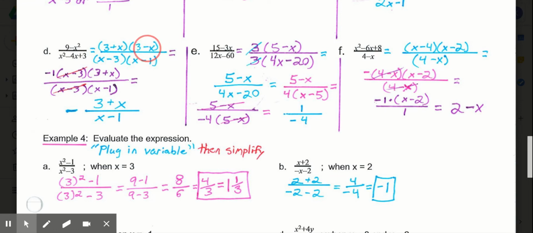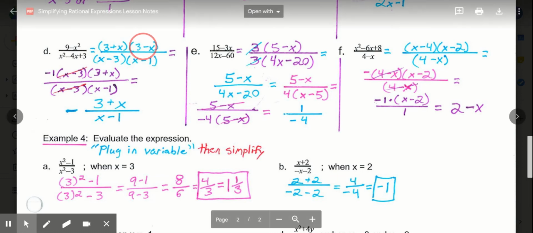Negative 1 times negative x becomes a positive x. So if I multiply, or technically divide in this case, by the negative 1, it reverses the order. So I'm going to take the 3 minus x and factor out a negative 1. In this case, I'm going in reverse. By factoring, I'm dividing out a negative 1. So that becomes x minus 3.